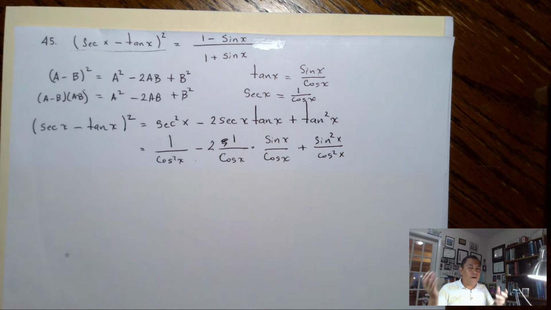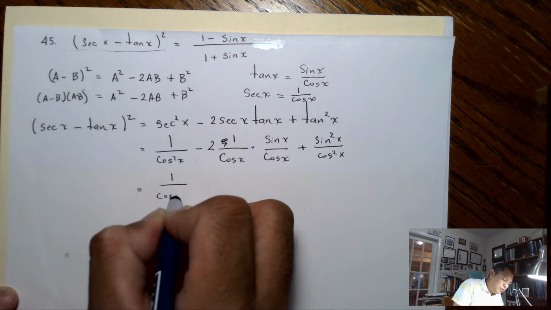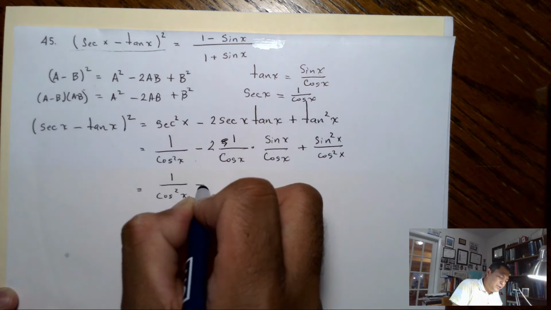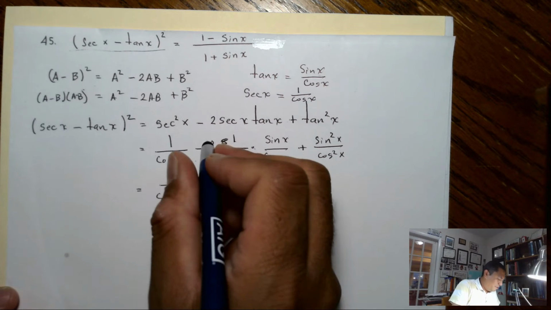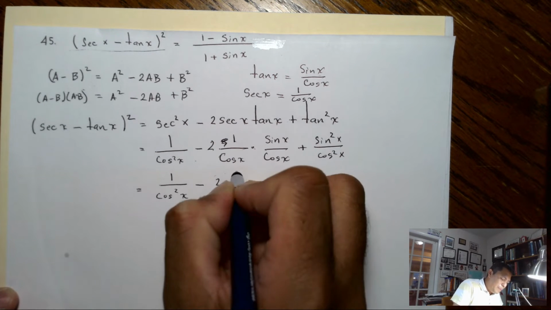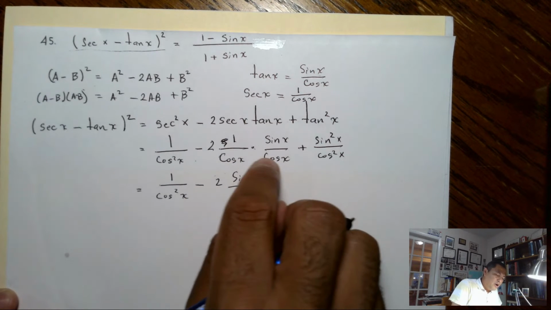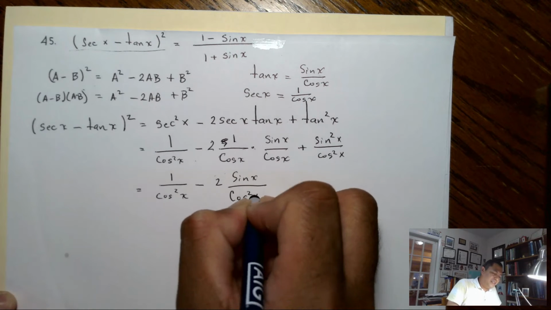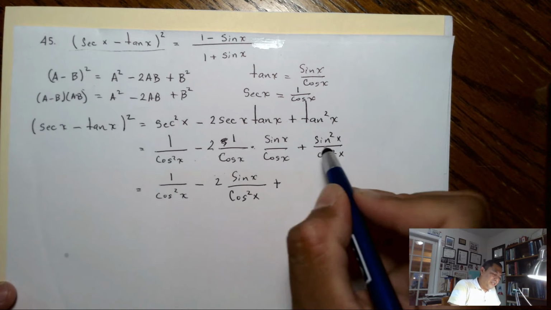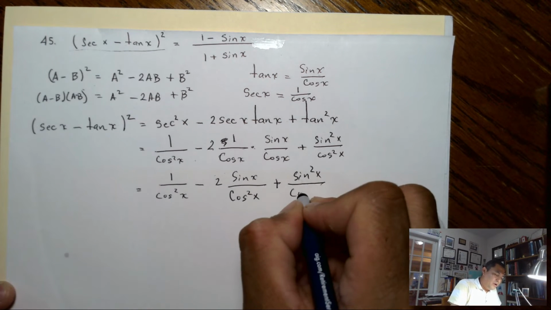Now let me simplify a little bit. I have 1 over cosine squared of x minus 2 sine of x over cosine times cosine of x, which is cosine squared of x, plus sine squared of x over cosine squared of x.